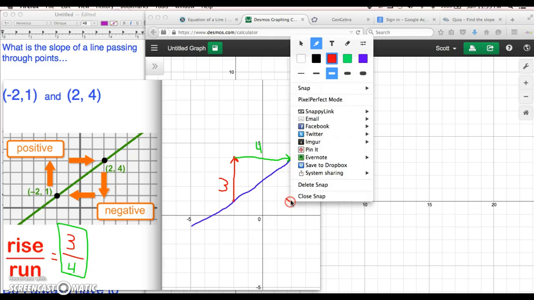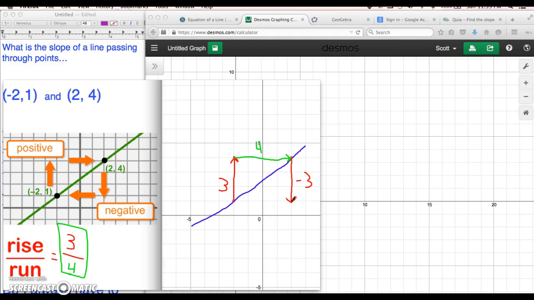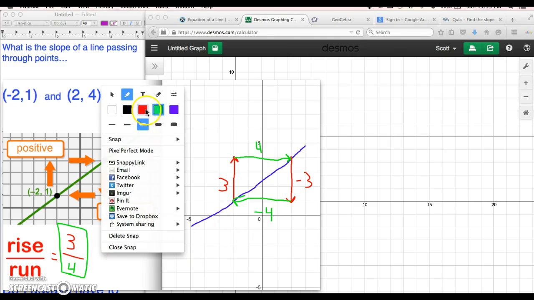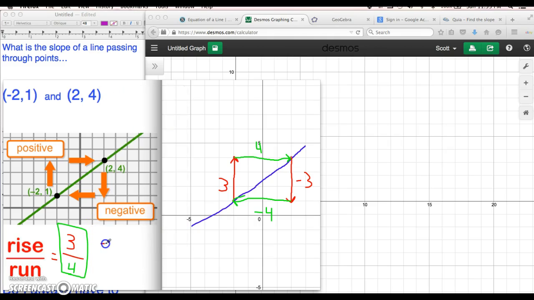And then starting here where I left off, I have to go left or right, but in this case it has to be left to hit the other point that we're working with. If I make a left arrow going left, it's going to be negative also, so that's a -4. So in this case, my rise over run would be -3 divided by -4, which is still, negative divided by negative is still 3 over 4.